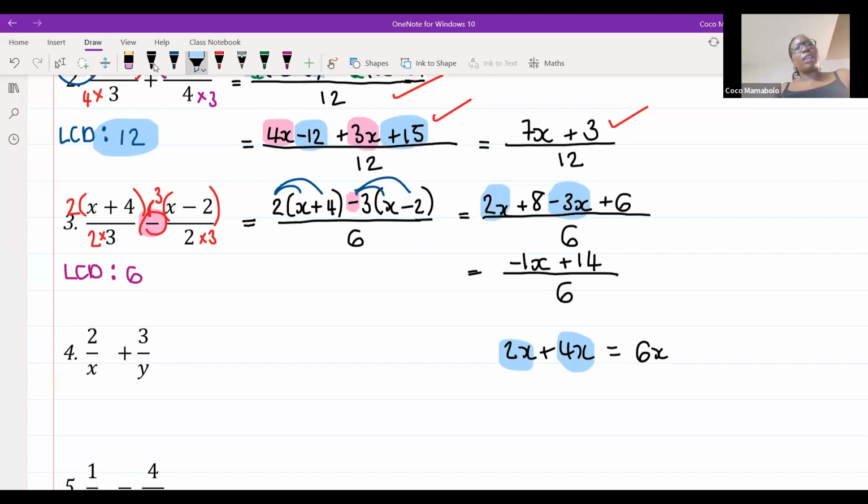I have 6 x's. Now in this question, I'm saying, if I have 2 x's and I take away 3 of them, how many do I have? It's the same as negative 1x. And that's how we got this answer over here, negative 1x.